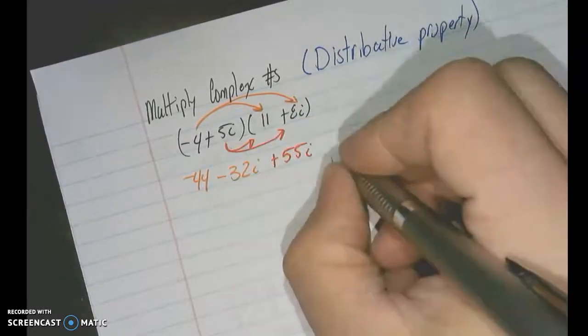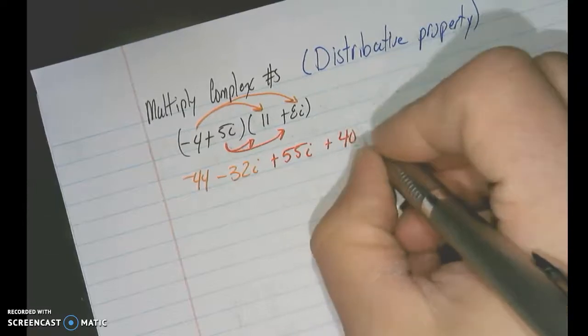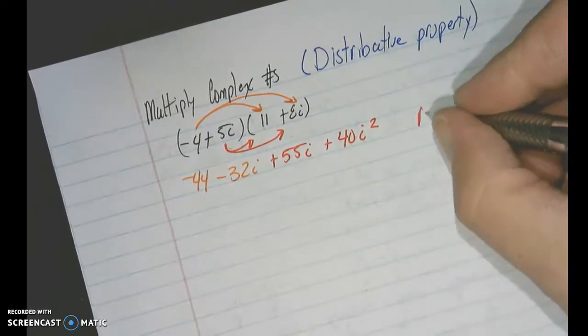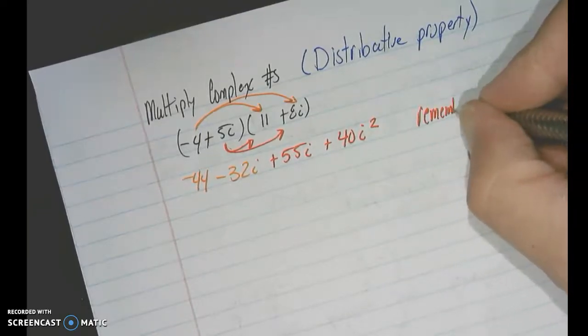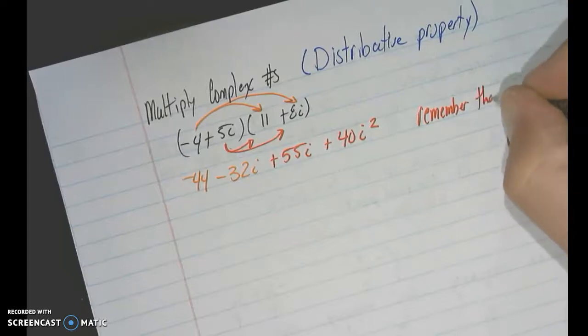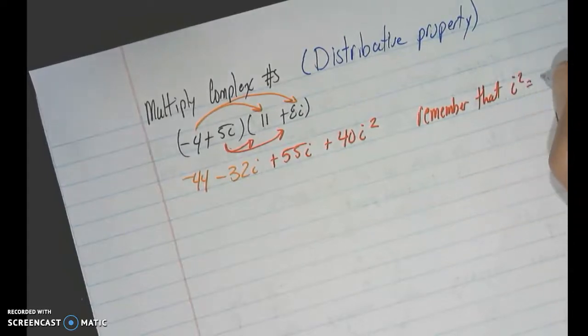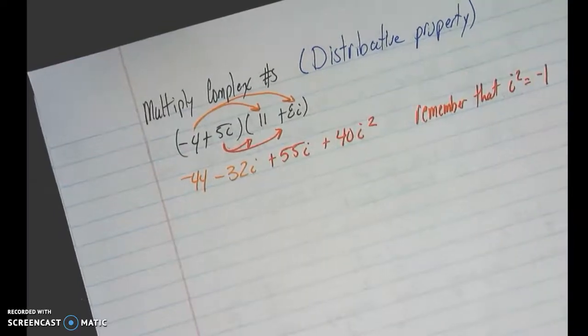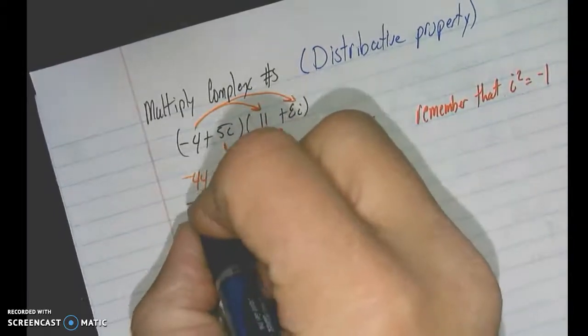And then I'm going to have plus 40i squared. Okay? All right, so now I want you to remember that i squared is equal to negative 1. Okay?